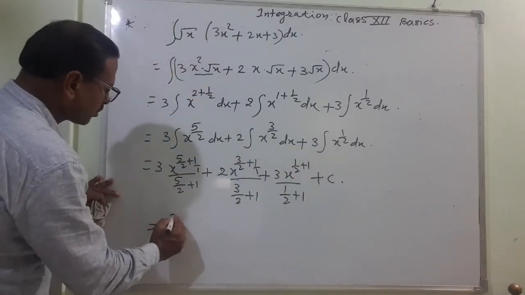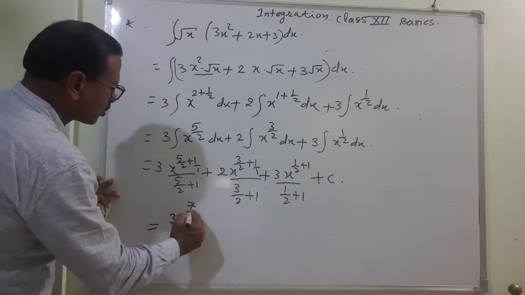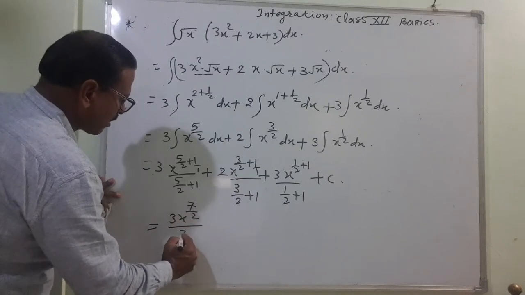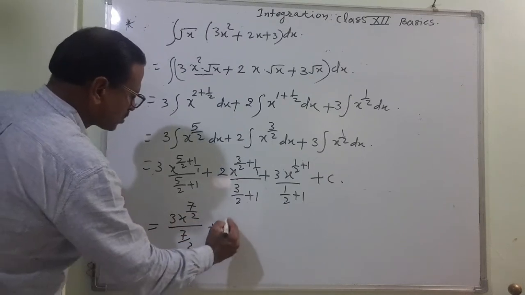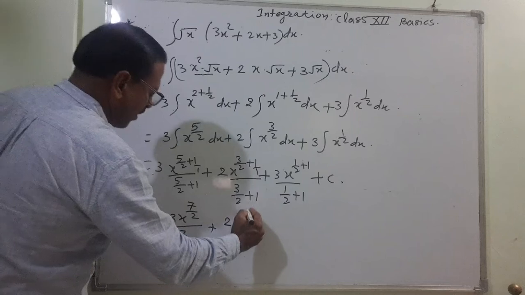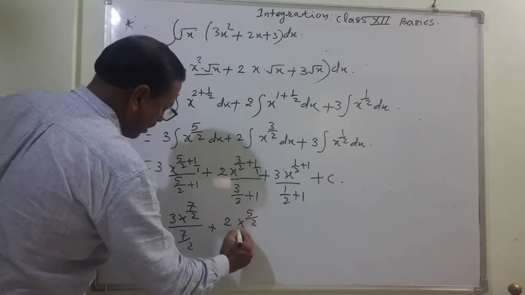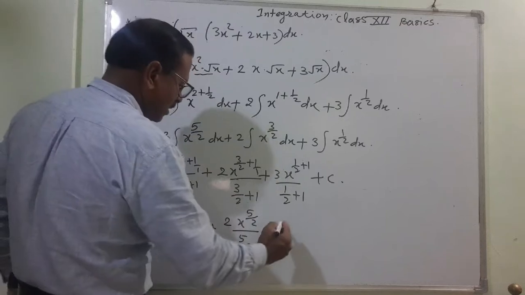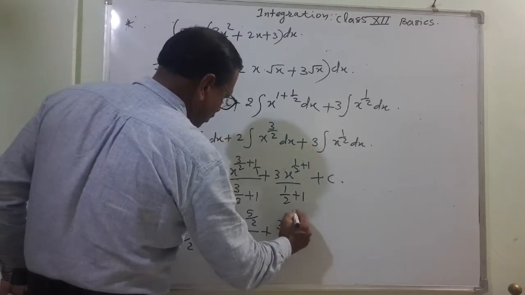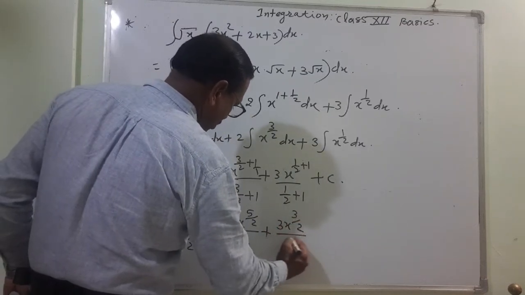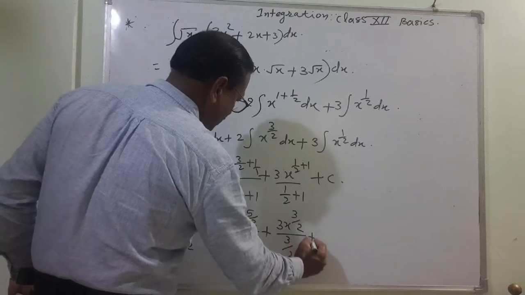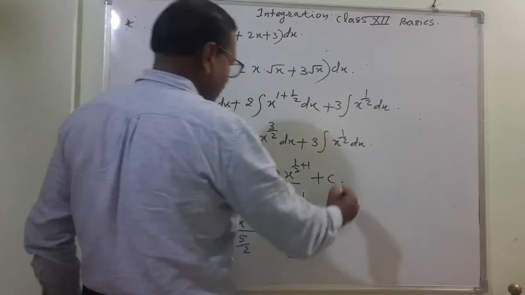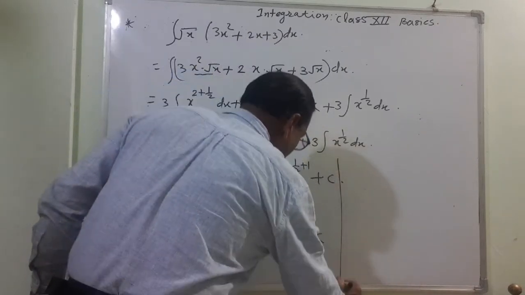So this is equal to 3 into x raised to 7 upon 2, upon 7 upon 2, plus 2 into x raised to 5 upon 2, upon 5 upon 2, plus 3 into x raised to 3 upon 2, upon 3 upon 2, plus c. And now the final answer I will try to write here.